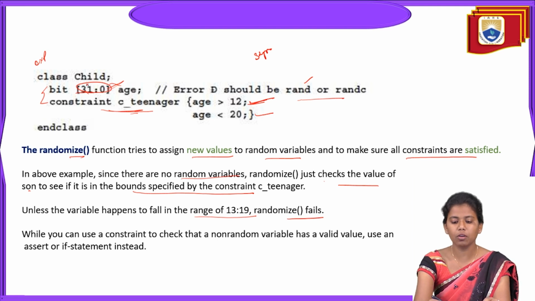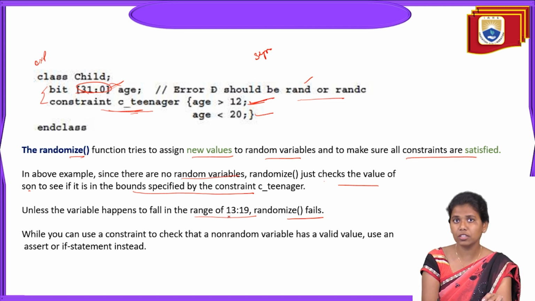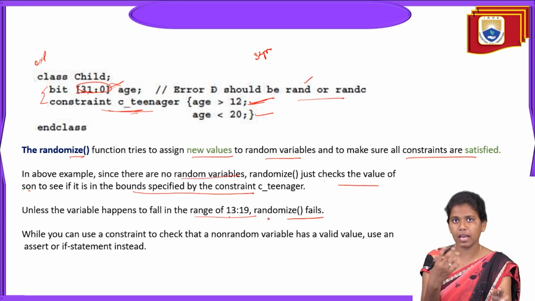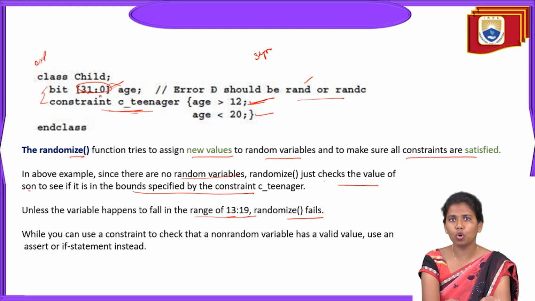Here we see only [31:0], but nowhere are we seeing 19 like that. As a designer, I'm just picking up the numbers, the average age of the child, and I'm picking 13:19. Nowhere have I mentioned it, so my randomization fails, isn't it?